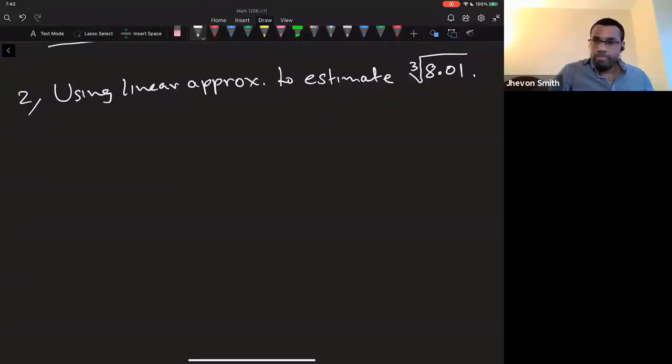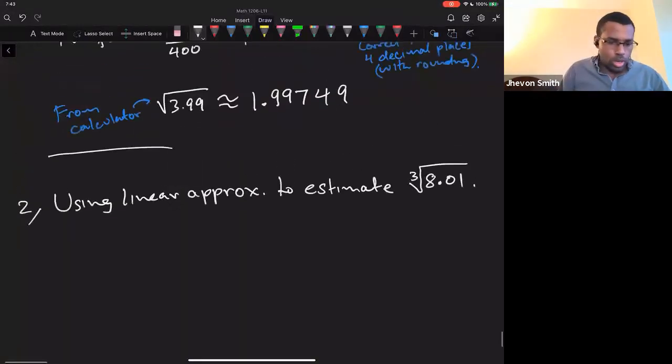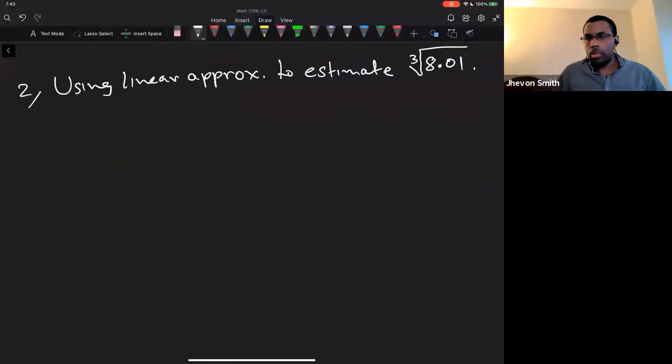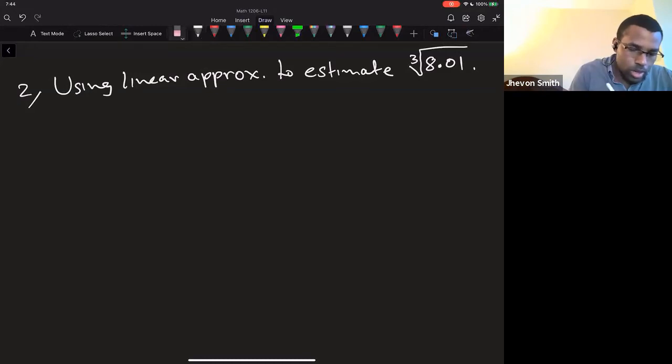All right, we're back. Let's actually look at this problem. Something in the chat here. All right, so use linear approximation to estimate this, and I kind of wrote that in the line, I don't know.